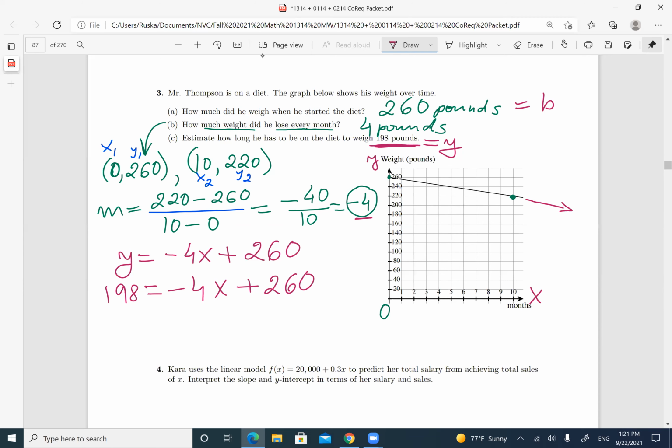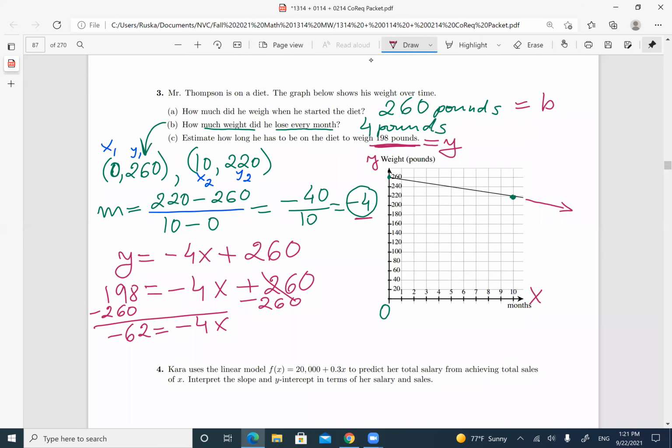Thompson weighed 198 pounds. Okay, so how I'm solving this, I'm going to subtract 260 from both sides. And then I'm going to get, what is negative 260 minus 198? What do you get? Negative 62, that's right. Equals negative 4x.